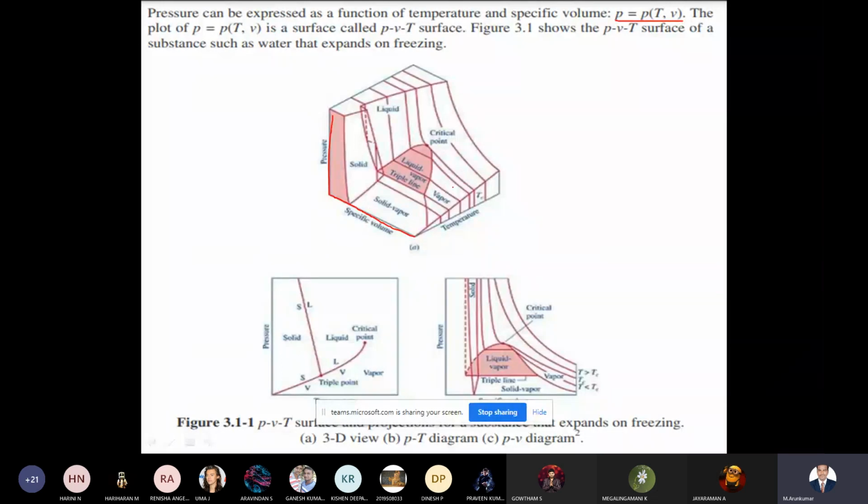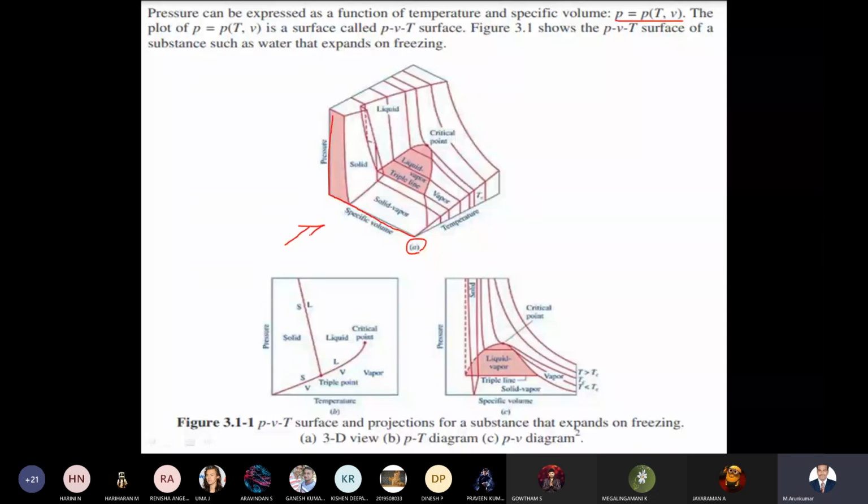This is a 3D diagram. If you want a 2D diagram, we can separate this 3D diagram into two. So we can take the pressure and temperature.